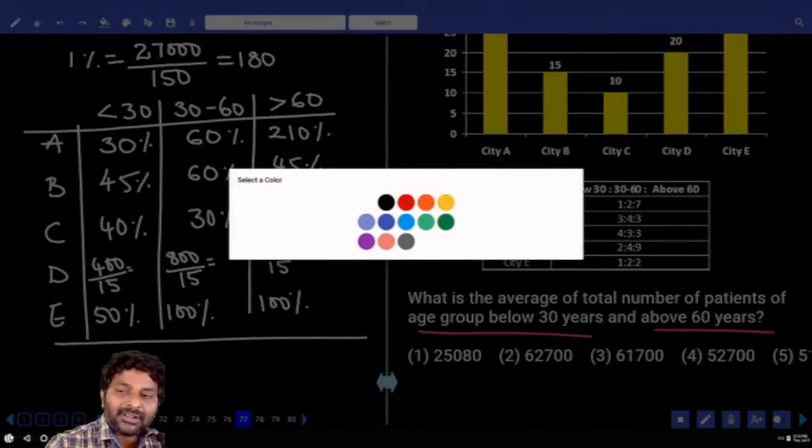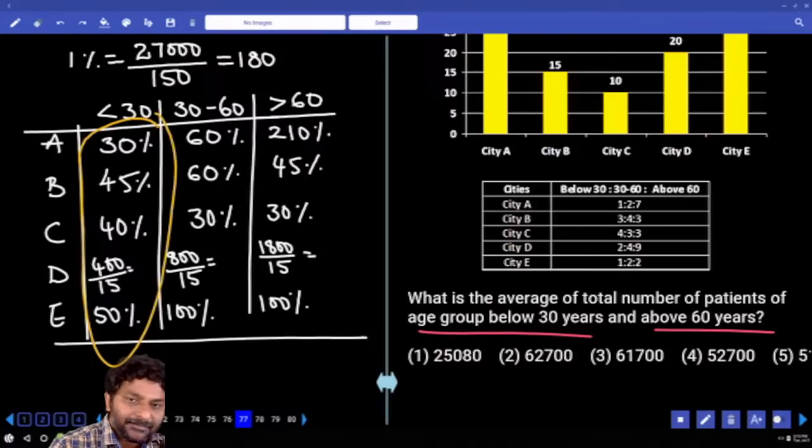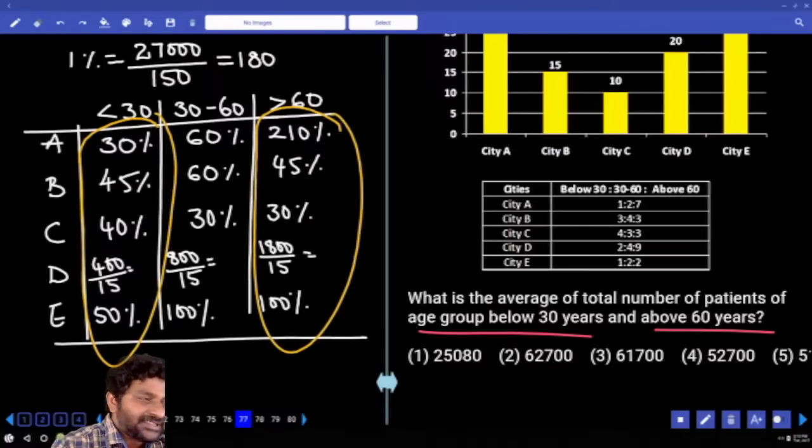So when you talk about this table, you have to count all these numbers and also divide all these numbers by 2.